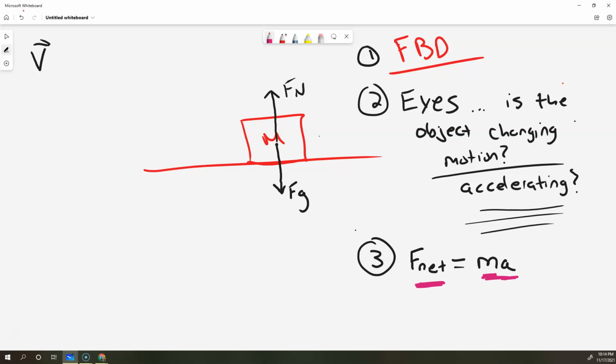That's the meaning of this equation. There is an equivalence between how much extra force there is, extra meaning non-zero, anything that's more than zero. There is a relationship between how much extra, how much more than zero force there is, and how much something will accelerate times its mass.